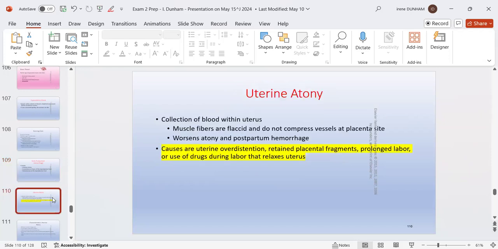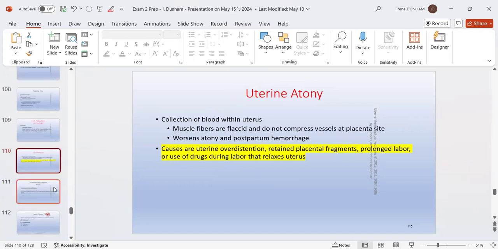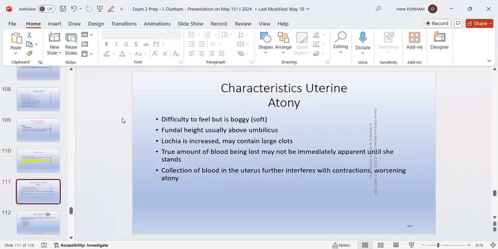Now, we talked about that already. Again, uterine atony, a uterus without tone, means that she's soft and boggy. That's what it is. And the fundal height is usually above the umbilicus. So if I'm assessing a lady in postpartum and I see that fundal height really high, first, I'm going to check to see the bladder, make sure the bladder is empty.